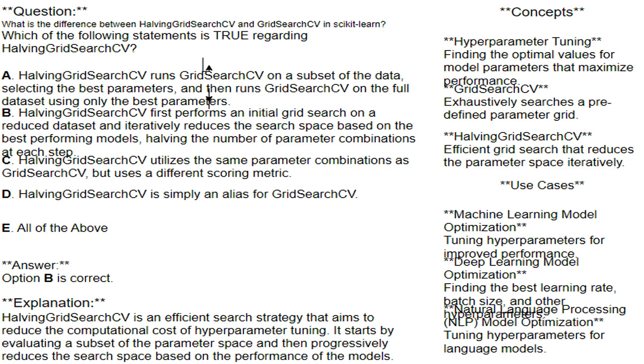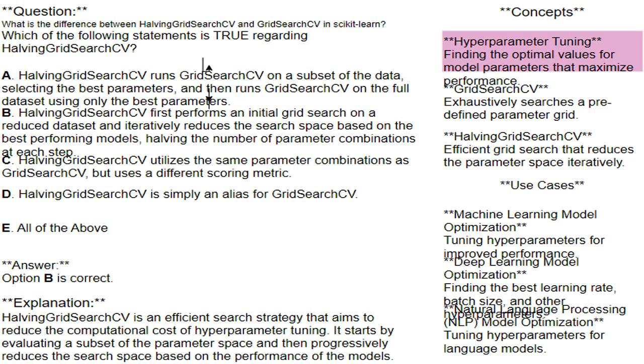It's a distinct class in scikit-learn that implements a more efficient search strategy compared to grid search CV. E. All of the above. Incorrect. Since most of the statements are incorrect, this option is also incorrect.